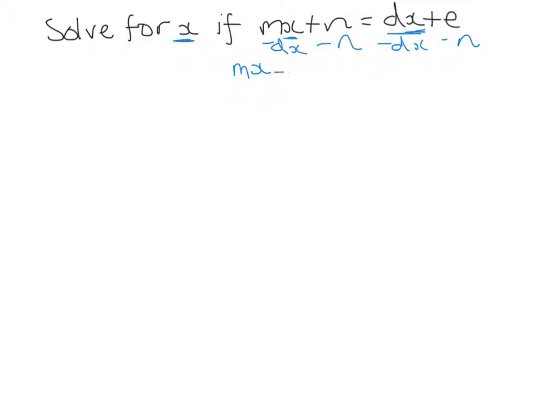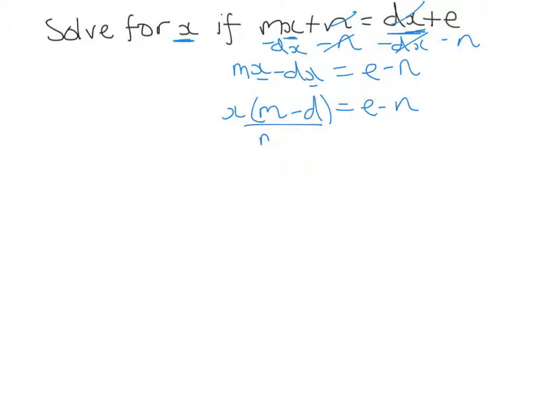That will mean I'll have mx minus dx, the plus n and the minus n will cancel out, and the dx and the dx will cancel out, and I'll end up with e minus n. Now I've got the x's on the one side now, but in two different spots, so I'll factorize, and that will mean I'll have x bracket m minus d equals e minus n.